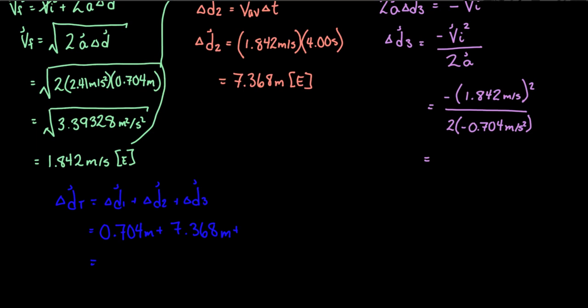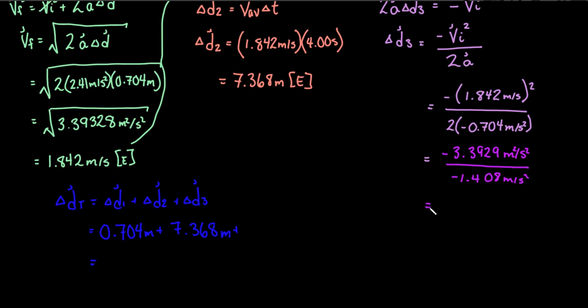So sorry, 1.842 squared works out to be negative 3.3929 meters squared per second squared divided by our negative 1.408 meters per second squared.